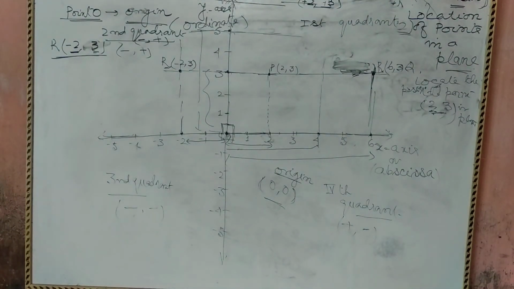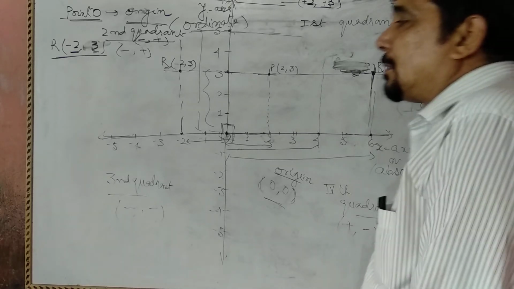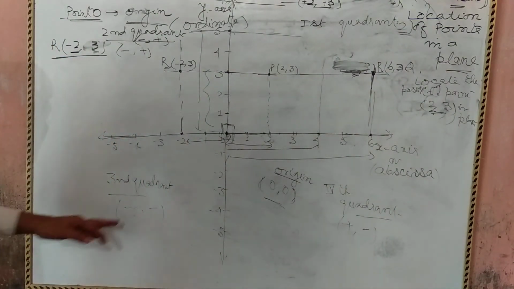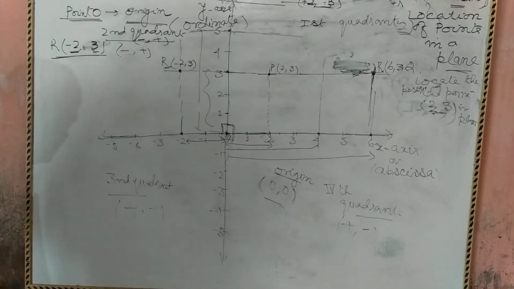Now the second quadrant: the first coordinate will be with negative sign and the second coordinate with positive sign, negative and positive. So by looking at the signs of both coordinates, you can easily say that the point lies in a particular quadrant. If the first coordinate has negative sign and the second coordinate has positive sign, then this point will lie in the second quadrant. And the third quadrant, if both coordinates of the point have negative sign.